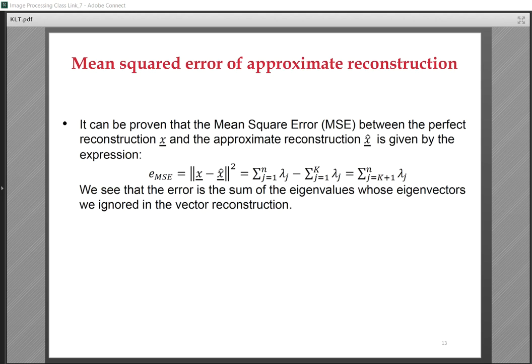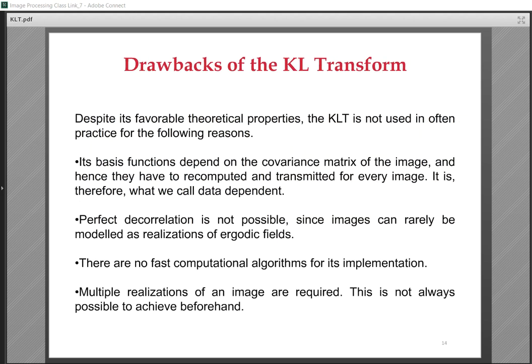We see that the error is the sum of the eigenvalues, or lambdas, whose eigenvectors we ignored in the vector reconstruction. For example, we ignored E4, E5, and so on. This mean square error is the sum of lambda 4, lambda 2, lambda 10. Go to the next slide.